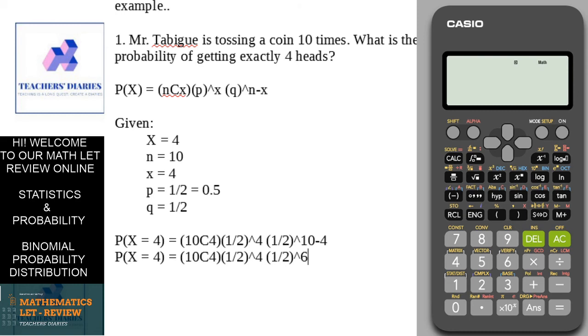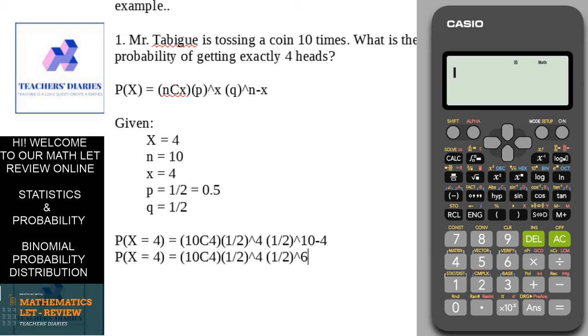After this, we're going to use our calculator here on the right side. We are using Casio 991ES. As long as you have this kind of calculator that has nCr combination, then we can answer much faster compared to other calculators, or using the manual combination formula.